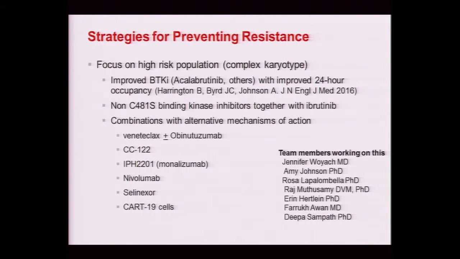And the most important thing, though, the best thing one can do, is to prevent resistance. And as I said, using correlative data that came from the initial clinical trials, we've identified high-risk patients where we're either giving better drugs than Ibrutinib or combinations. And there are a variety of members on the team that are working on this.